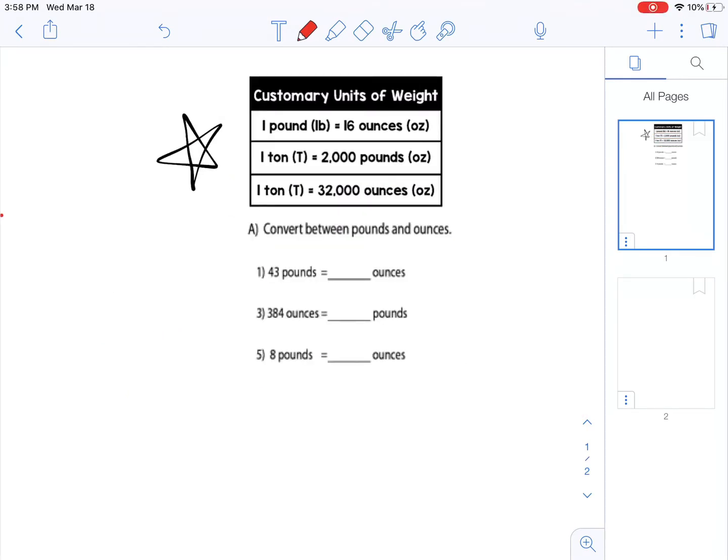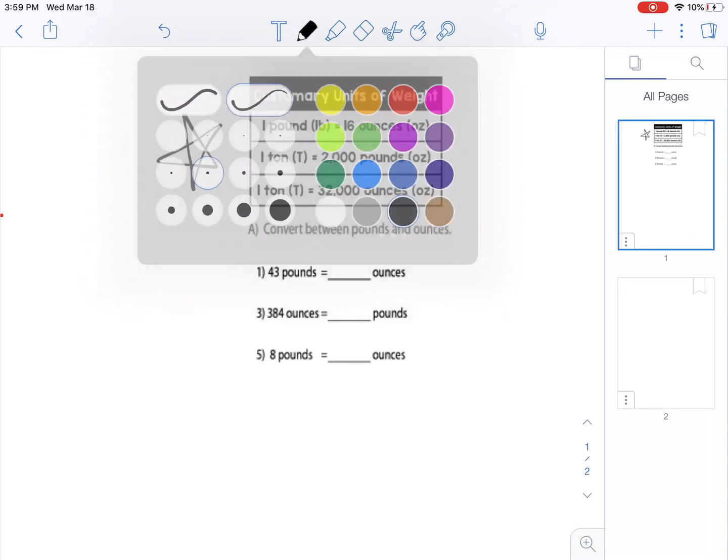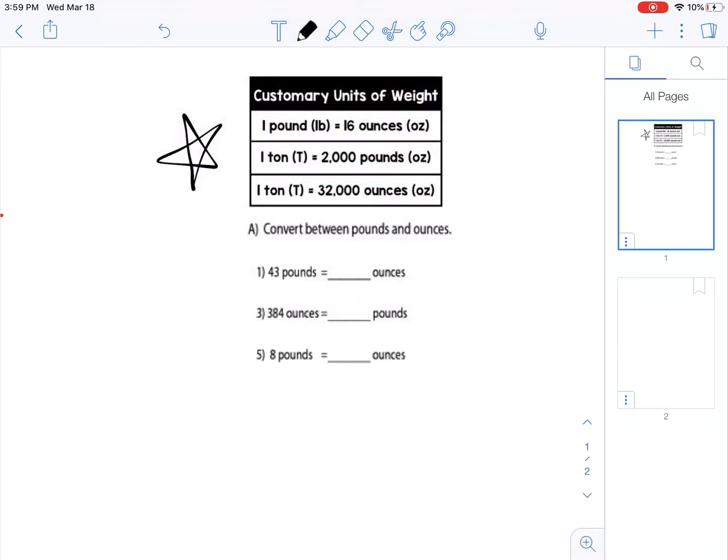Okay, let's take a look at these conversions now. They're a little bigger numbers, so it's going to be a little more difficult. So I want to do a couple with you before you do your own independent practice. Let's look at number 1. 43 pounds equals how many ounces? Well, let's look at the first conversion. That's the one we're going to focus on. We're looking at pounds to ounces.